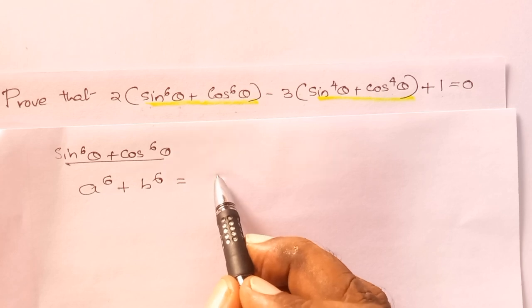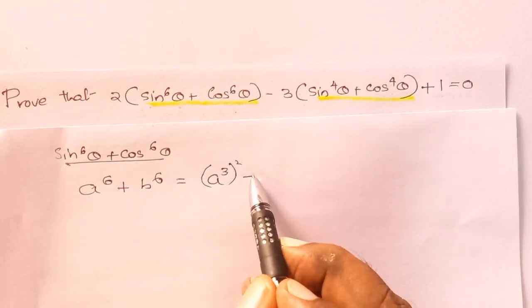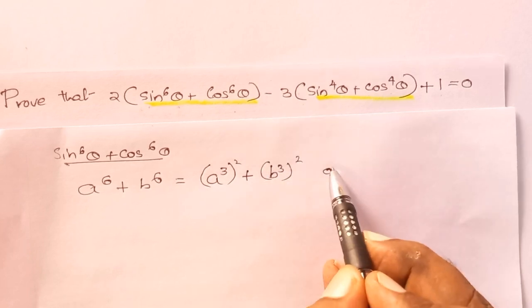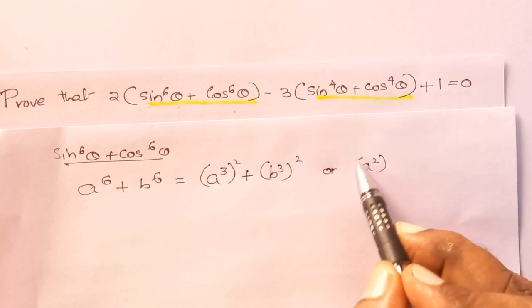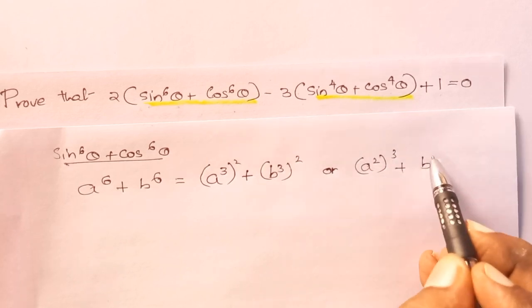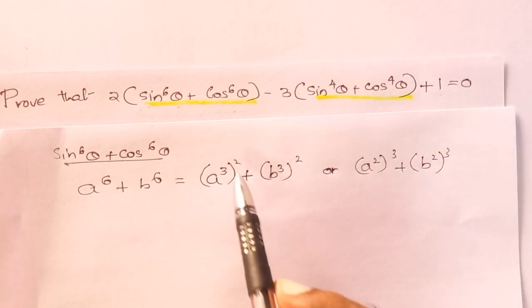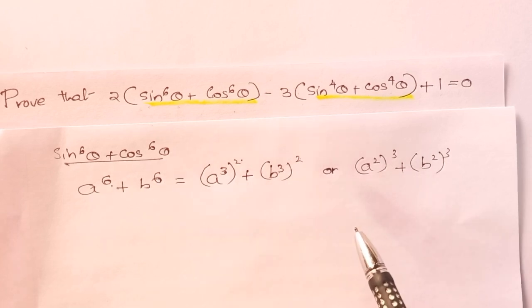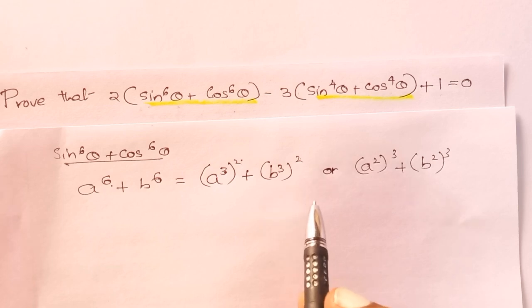Either it can be written as a cube the whole square plus b cube the whole square. It can also be written as a square the whole cube plus b square the whole cube. In both the cases, we get a raised to 6 plus b raised to 6. But which is the best option here? That's very important for us.